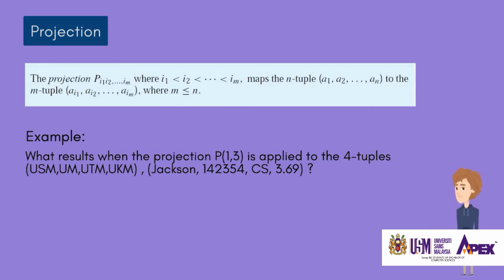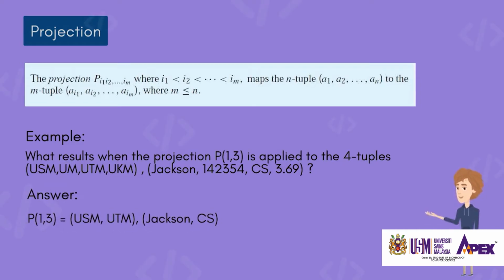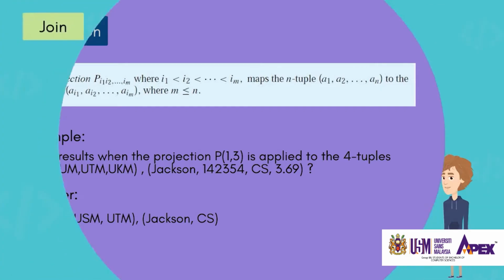For example, what is the result when the projection P_1,3 is applied to these 4-tuple relations? So first we need to see the projection 1 and 3. What does 1 and 3 mean? It wants the values from the first and third fields. So the answer is USM, UTM and Jackson CS.